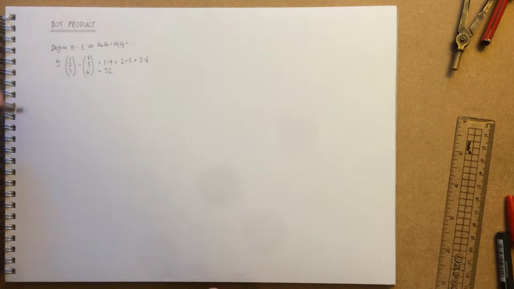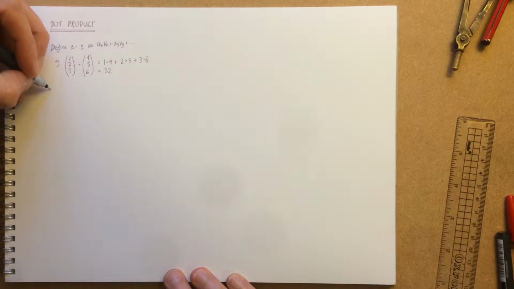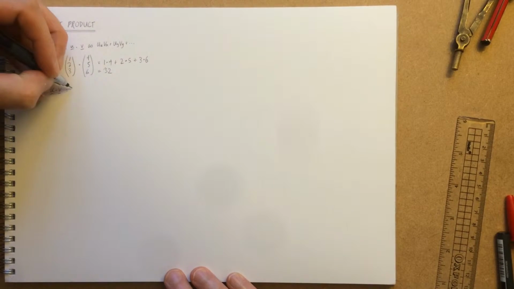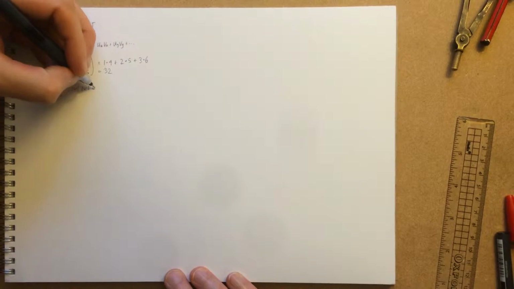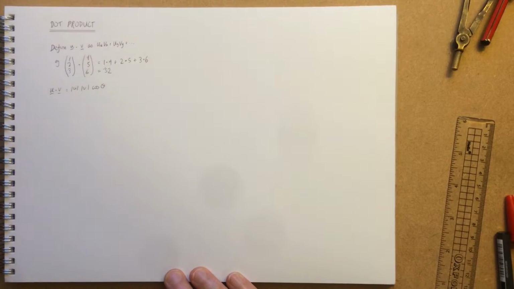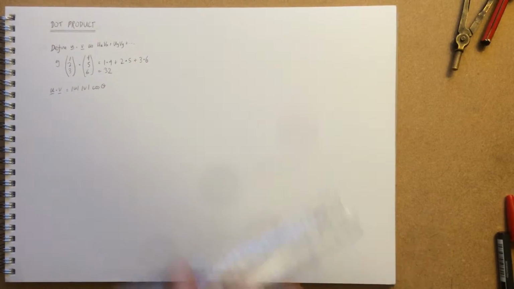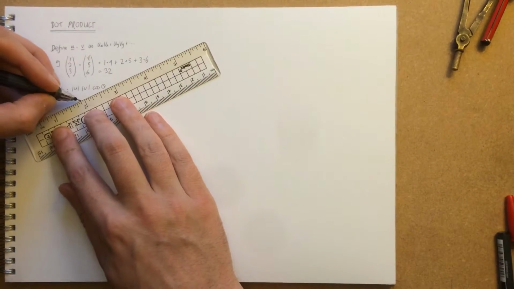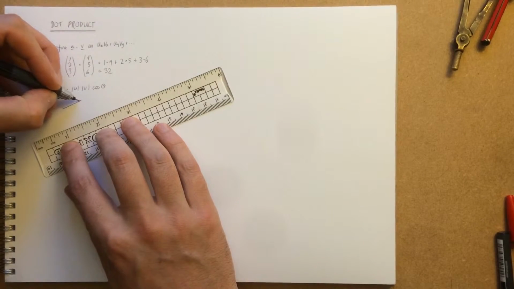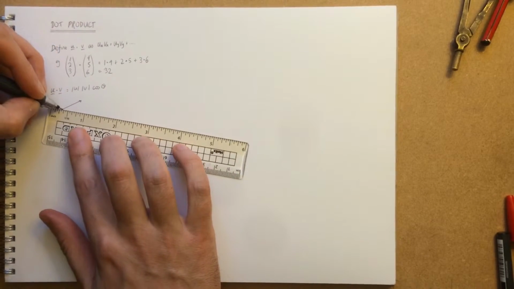Okay, now the dot product rule says u dot v equals mag u mag v cos of the angle between them. So we can represent that pictorially.